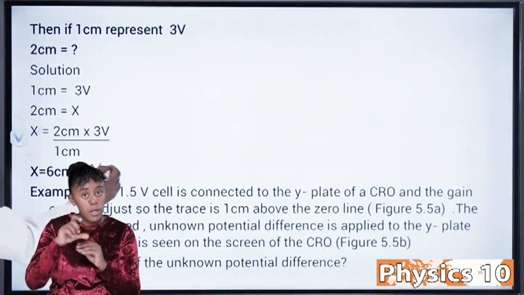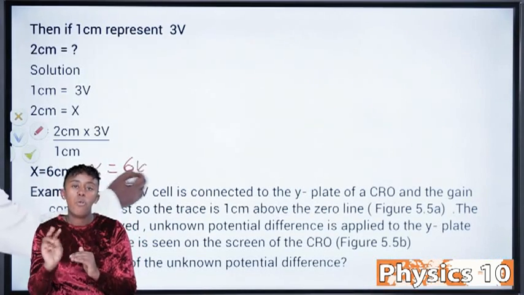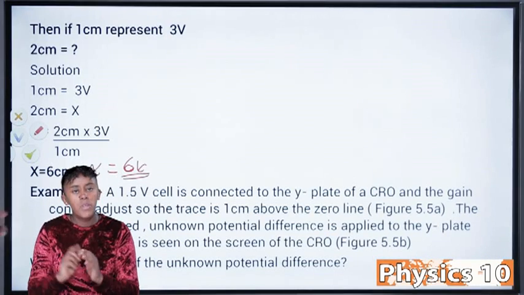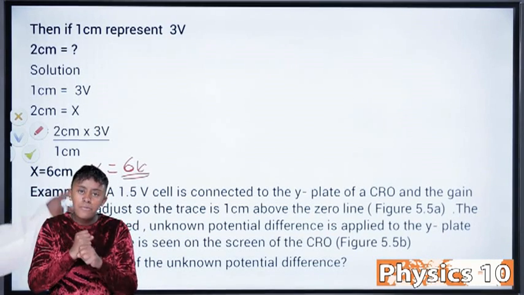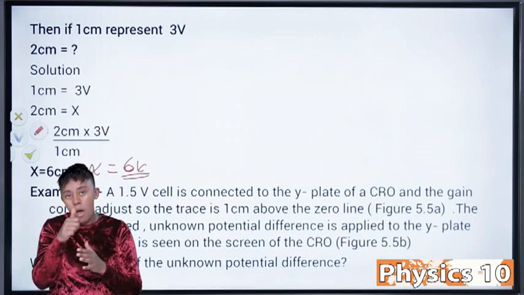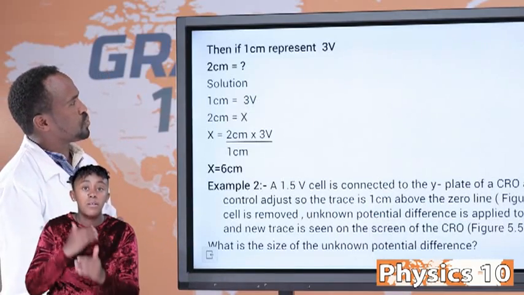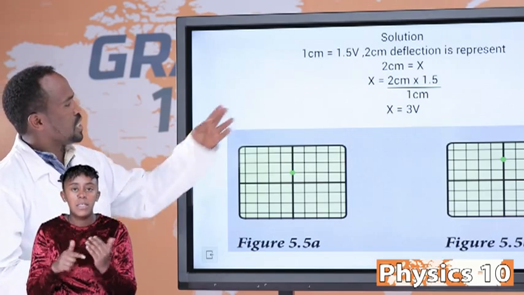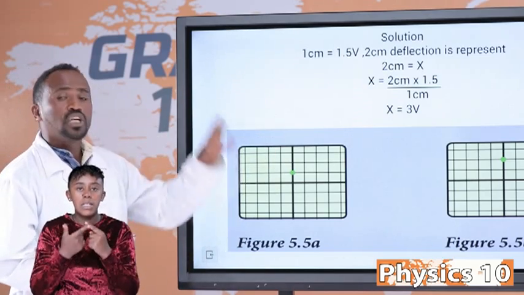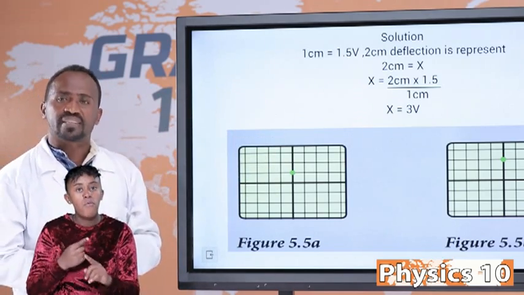Students, x is equal to 6 volts. So you should do example 2 by yourself. Let us jump to the next. So this is the second example. You should refer to your exercise book.